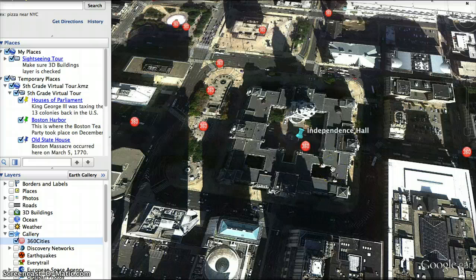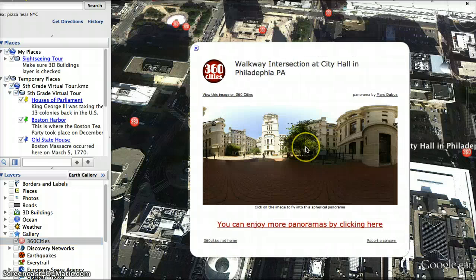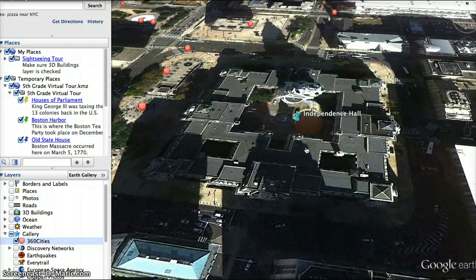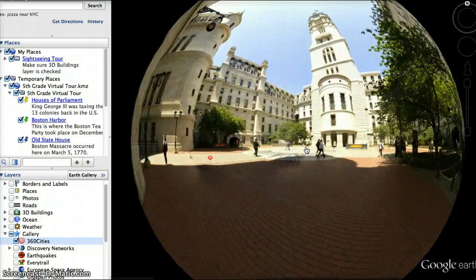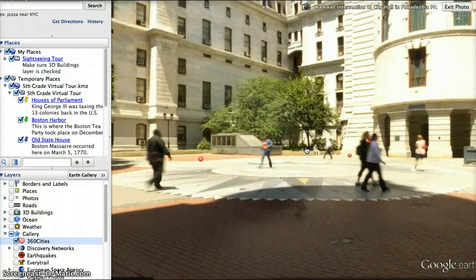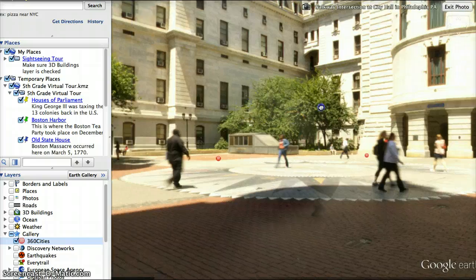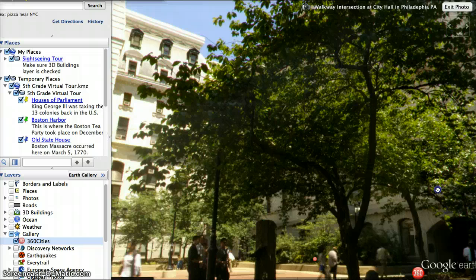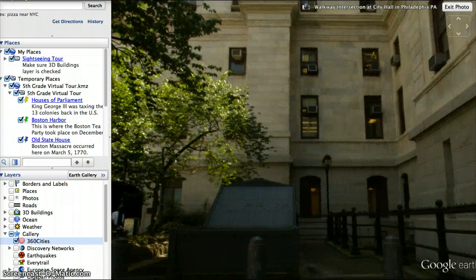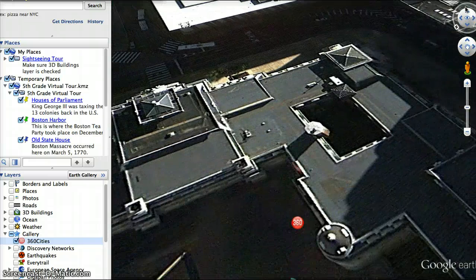And the two that we're going to look at are this one right here, right in the middle of Independence Hall, and then also this one right here, just to take a look inside of what Independence Hall actually looks like. So from here we can look around and look at the building itself, and once you're tired of that, you can go look at the other surrounding ones as well.